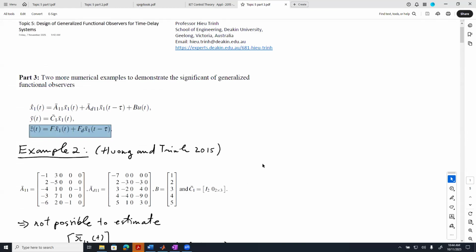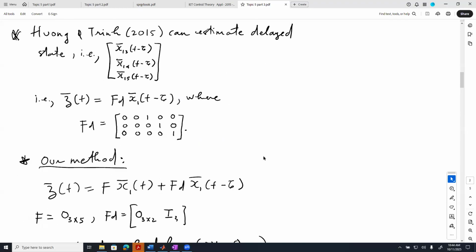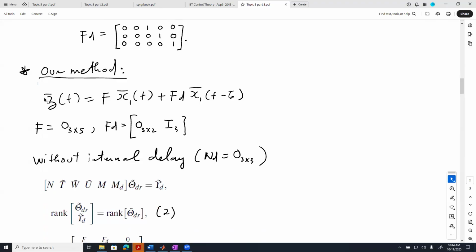Okay, so if we then use our method, we are basically estimating this generalized functional for a particular case where F is a zero matrix and FD is this non-zero matrix, which basically consists of the last three delay stack variables. Okay, so you can see the unified framework that we have in this generalized functional.